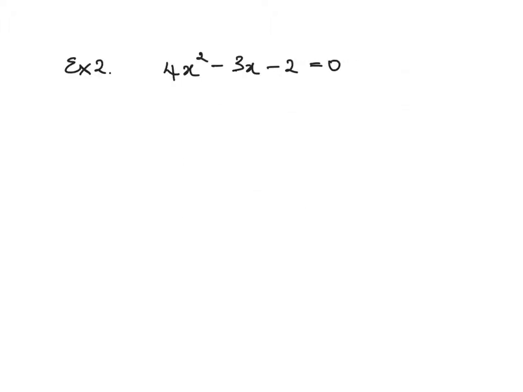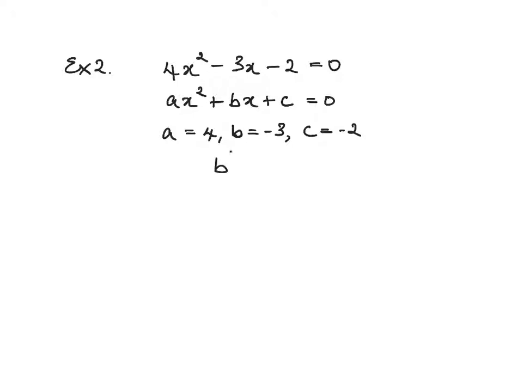Here is a second example. Here is the standard form. Values of a, b and c are, don't forget the negatives. A is 4, b is minus 3 and c is minus 2.